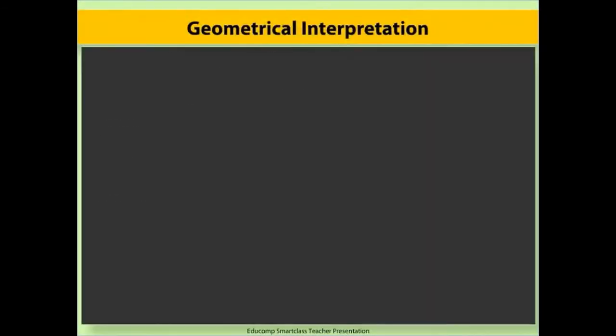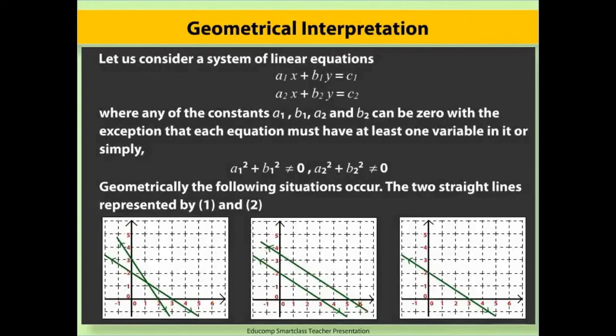Geometrical interpretation. Let us consider a system of linear equations a1x plus b1y is equal to c1, equation 1, a2x plus b2y is equal to c2, equation 2, where any of the constants a1, b1, a2 and b2 can be 0, with the exception that each equation must have at least one variable in it, or simply a1 square plus b1 square is not equal to 0 and a2 square plus b2 square is not equal to 0.